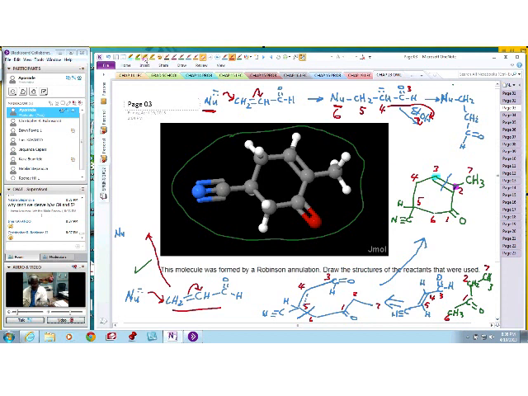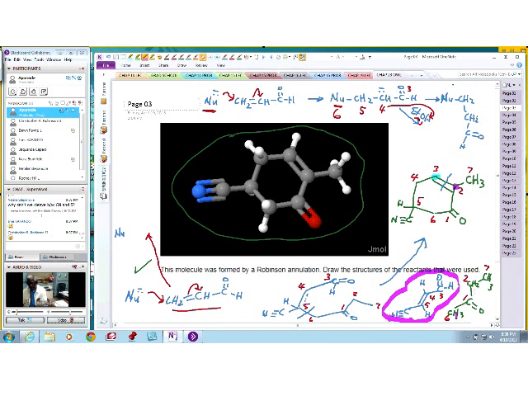And that is what you have right here. This is your alpha beta unsaturated system. Then this other molecule here, the one in green, will be the source of your nucleophile.